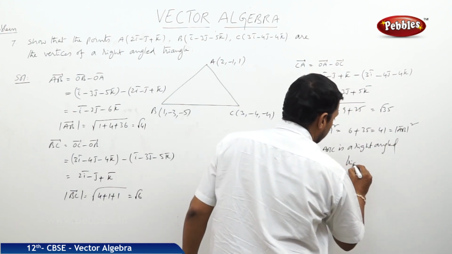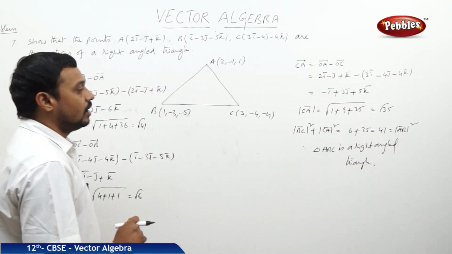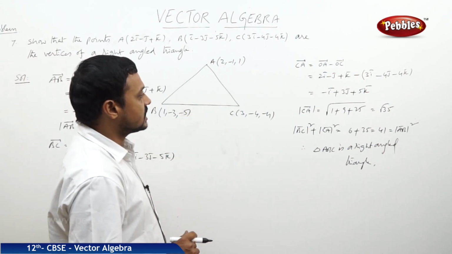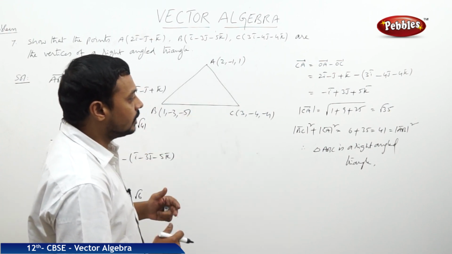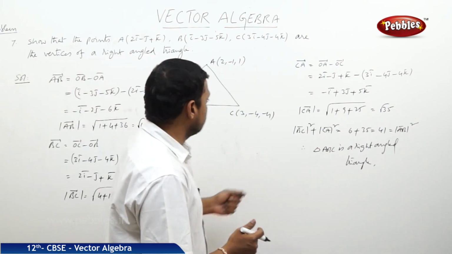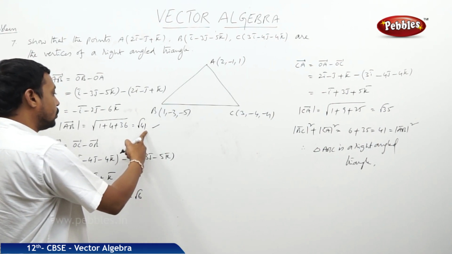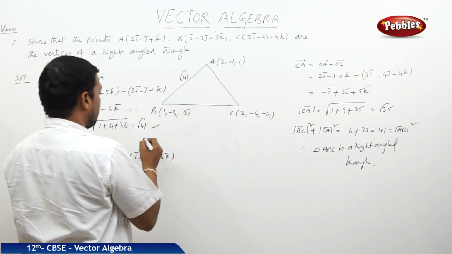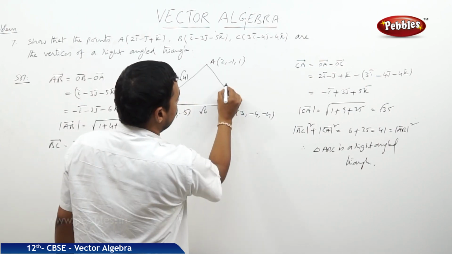Right angle triangle, and the right angle is situated opposite to the hypotenuse. Here hypotenuse means the maximum length. What is that maximum length? It is root 41. So AB is equal to root 41, BC is equal to root 6 and CA is equal to root 35.